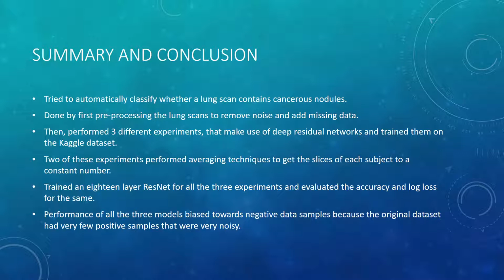We trained 3 kinds of models on the data set that was hosted on Kaggle. And we used deep residual networks for all of these 3 experiments. The size of the deep residual networks was 18 layers, and we calculated the accuracy and log loss for each of these experiments.